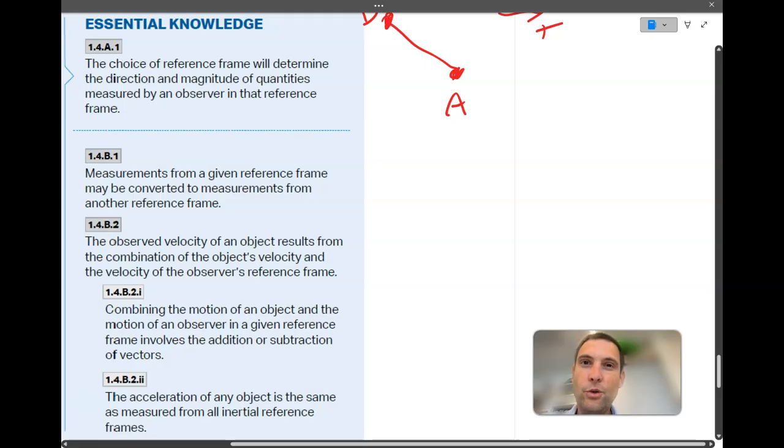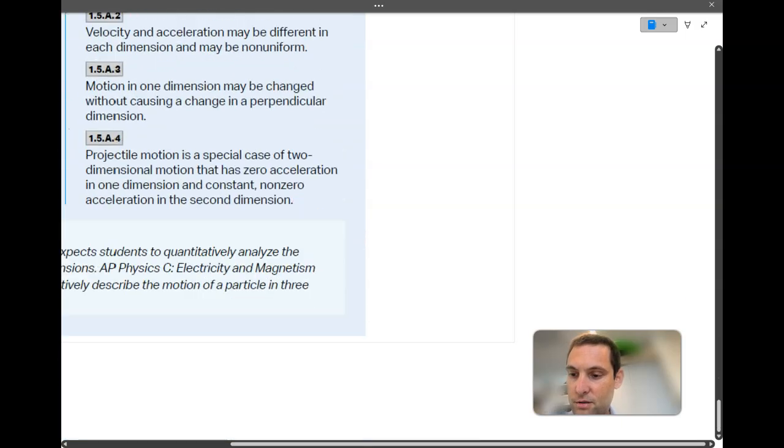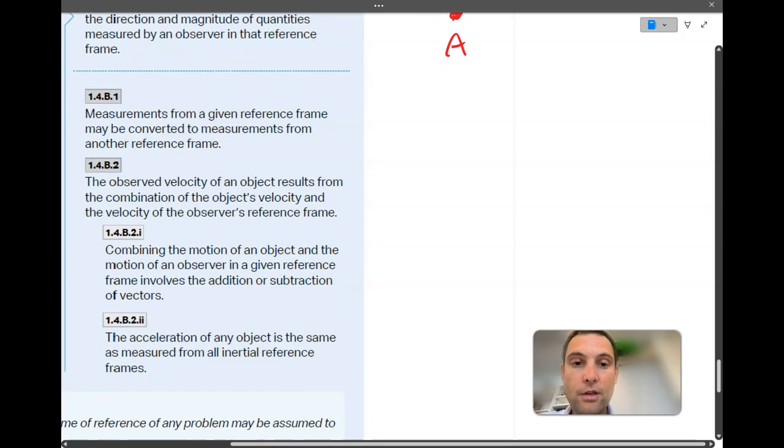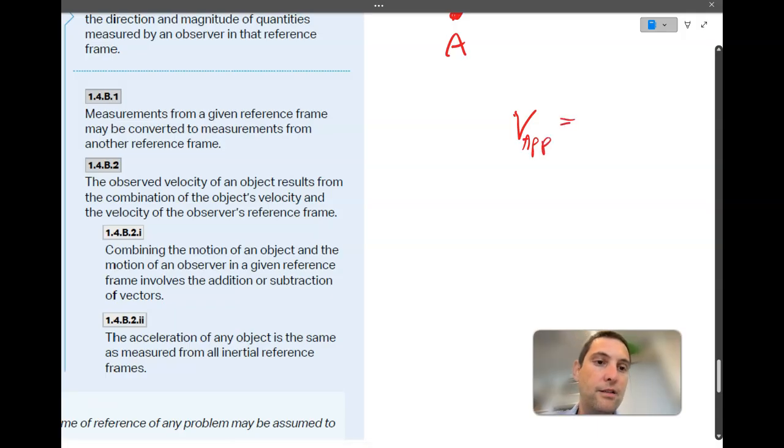This is leading up to our equation, I think. Oh, right, we don't get the equation. This is a memorized equation. So that is our apparent velocity equals the velocity of the object plus the velocity of our frame of reference.